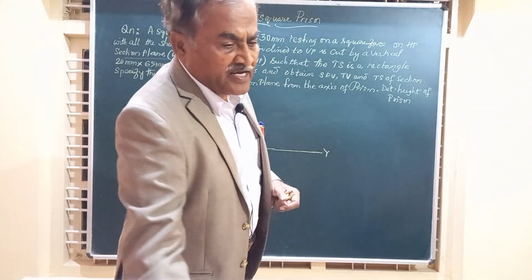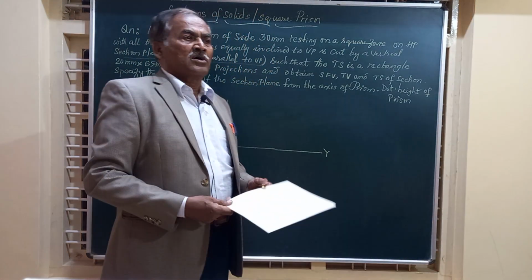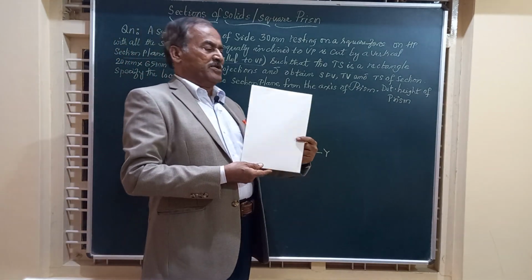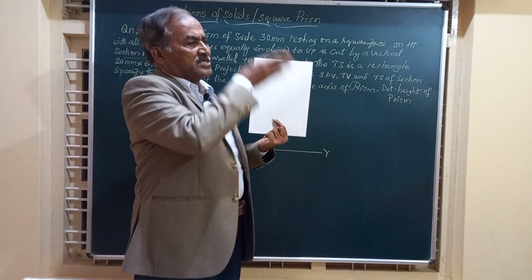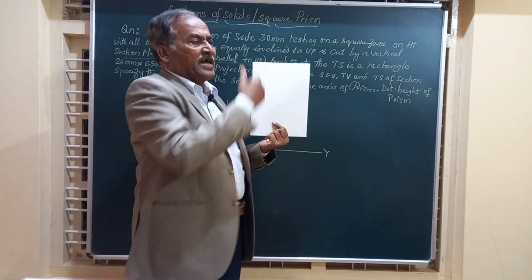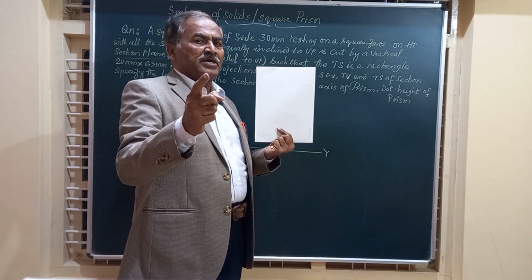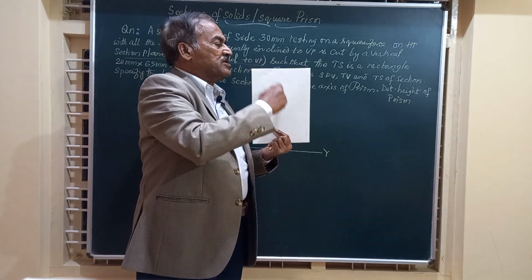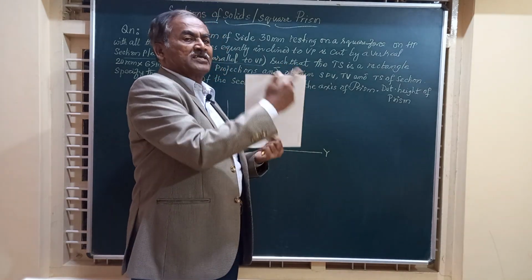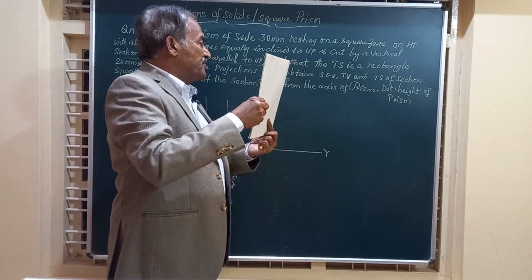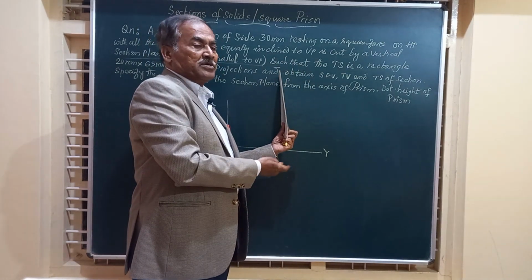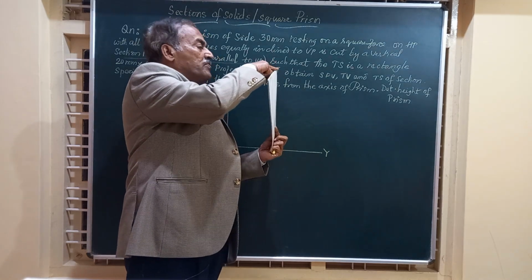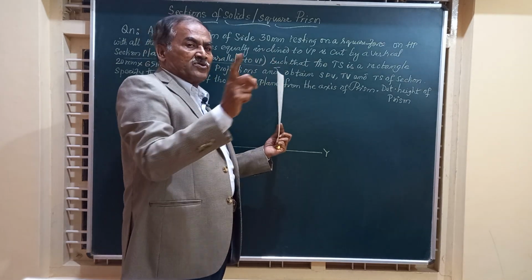Friends, let us get the concept of this vertical section plane. If we have a vertical section plane which is parallel to VP, you will be able to see the section plane as a line in the top view. If it is perpendicular to VP and perpendicular to HP, then you will be able to see a line in the top view, and in the front view also a line.